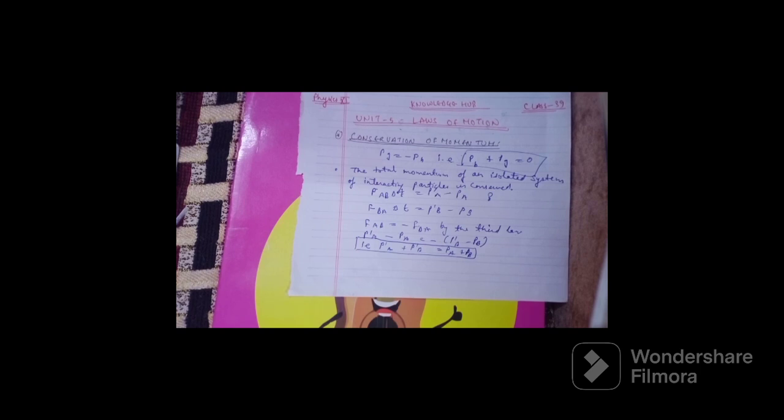First part: a drop of rain falling down with a constant speed, a cork of mass 10 gram floating on water, a kite skillfully held stationary in the sky, and a car moving. I will let you write all these questions so that it will be helpful for you to solve them on your own, and that is very important as well.